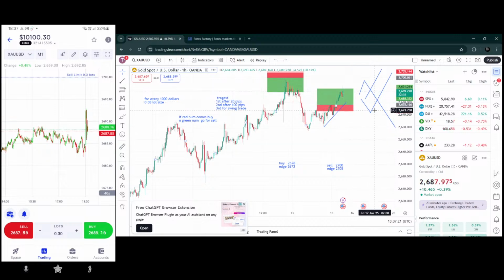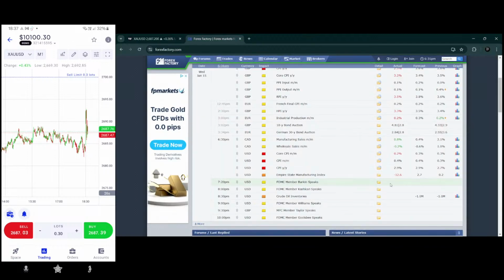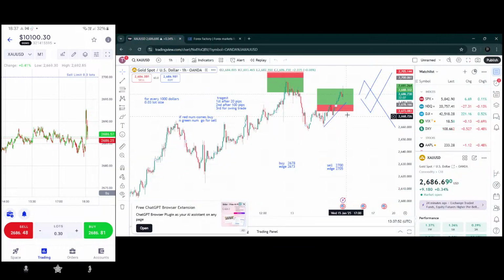It should fly and hit 2700, but that's not done today because of the news. As you can see, I can show you that the high impact and low impact news was mixed. Some news wants the market to go upside, and some news wants the market to go downside. That's why the market doesn't move properly today.